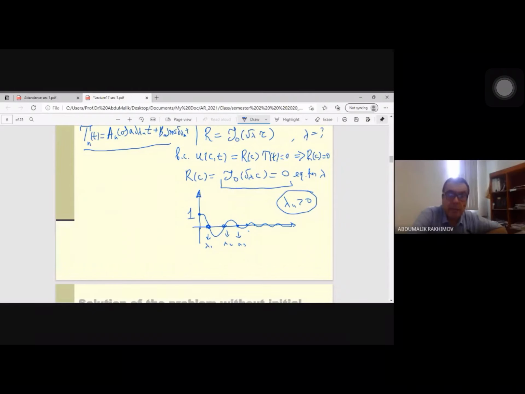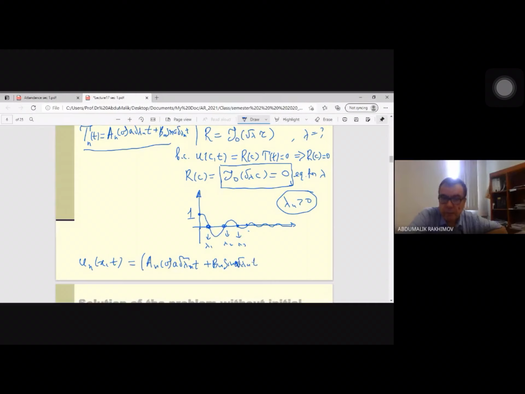So now I have many functions. My functions are u_n(r,t) equal to, let me write first T, A_n cosine of a root of lambda n t plus B_n sine of a root of lambda n t, times J0 of root of lambda n r, where lambda n is the solution of this equation.